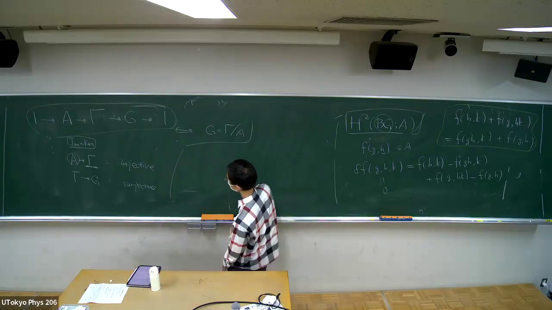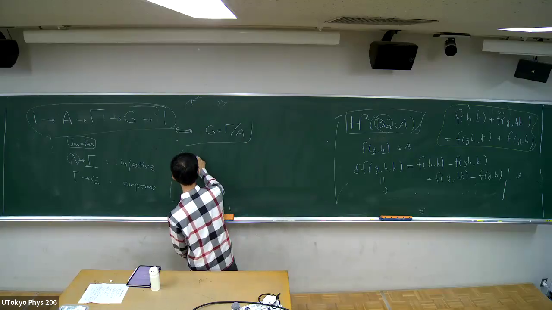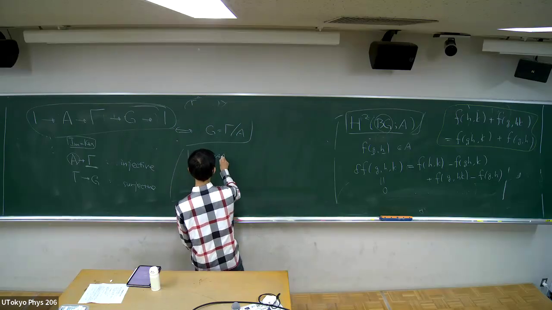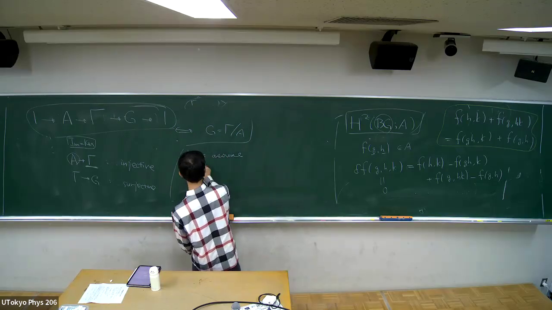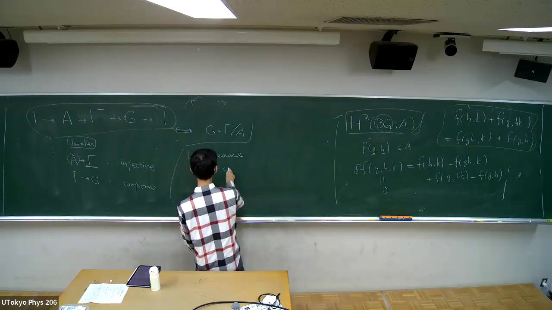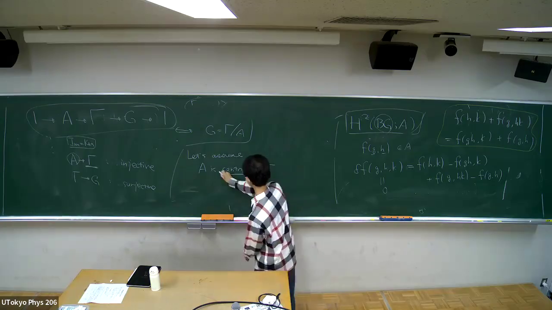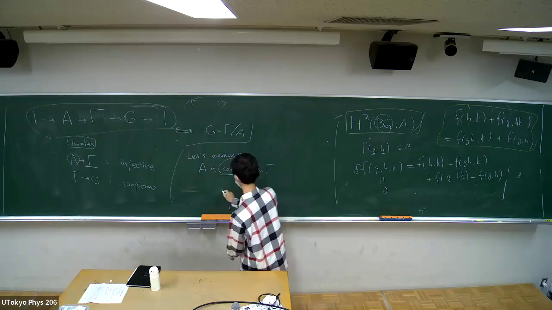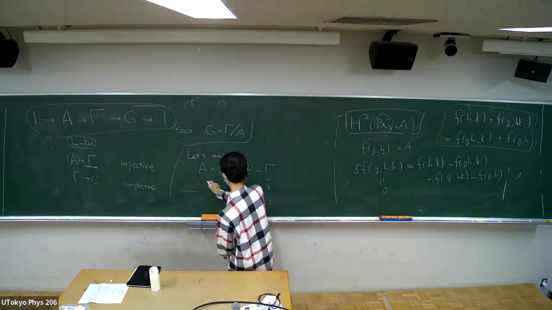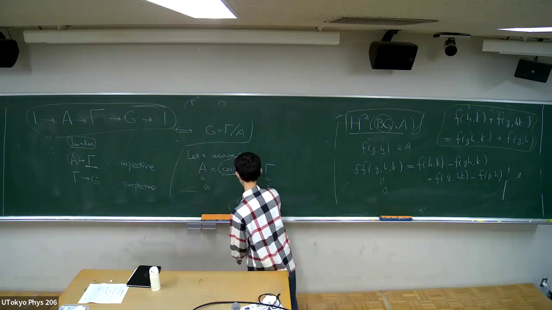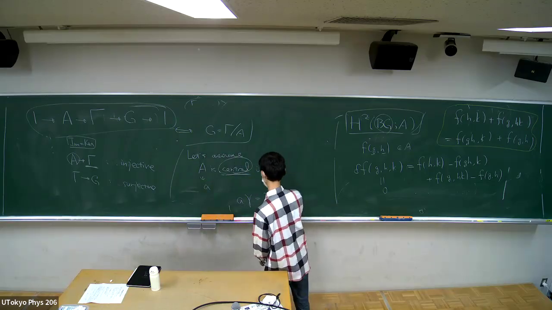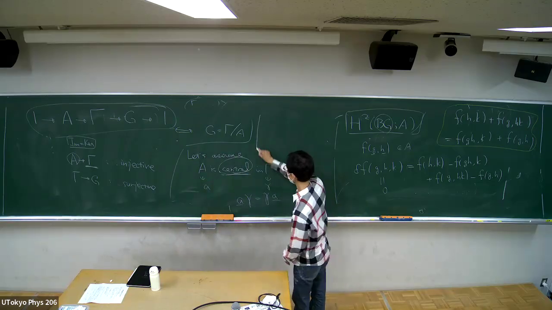And the general theory is also interesting, but for simplicity, assume A is central in gamma. And central in gamma just means that if you pick a random gamma and a random a, then a gamma is gamma a. So A commutes with everything.